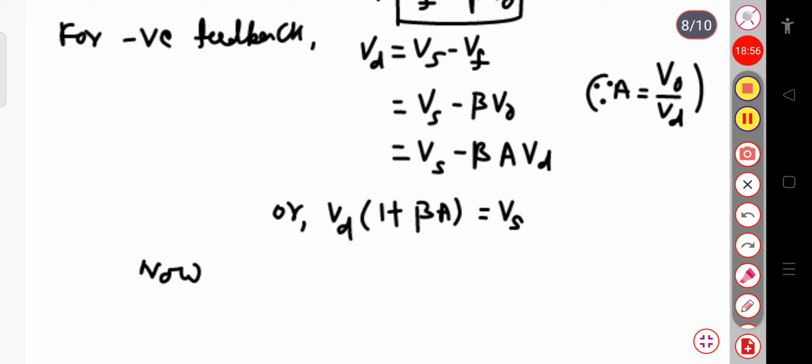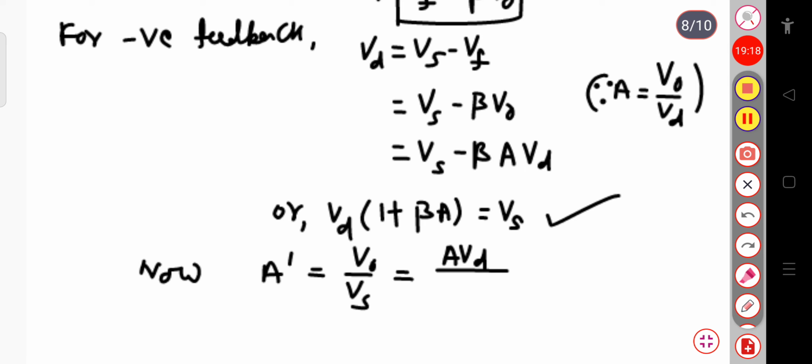Now the closed loop voltage gain, that is A prime, equals V output divided by the signal voltage, that is the input voltage across the non-inverting terminal. From this expression I can write Vo equal to A into Vd, divided by, for Vs, Vd into 1 plus A beta.